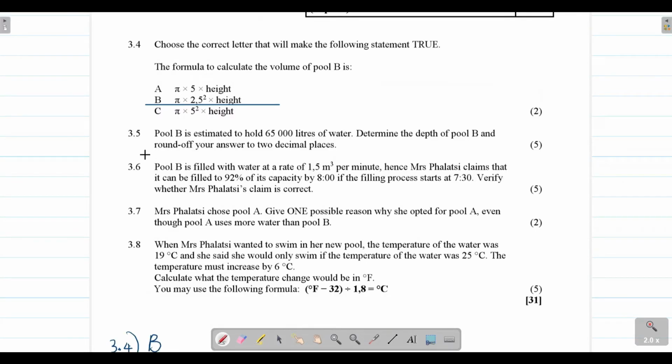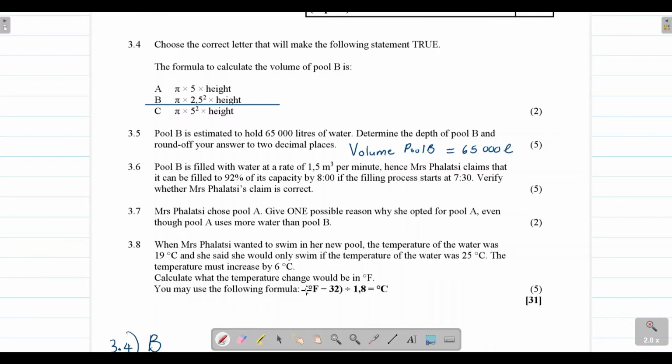Let's have a look at question 3.5. Pool B is estimated to hold 65,000 liters of water. Determine the depth of pool B and round off your answer to 2 decimal places. So we are already given what the volume is for pool B, and we are told that the volume for pool B is 65,000 liters.